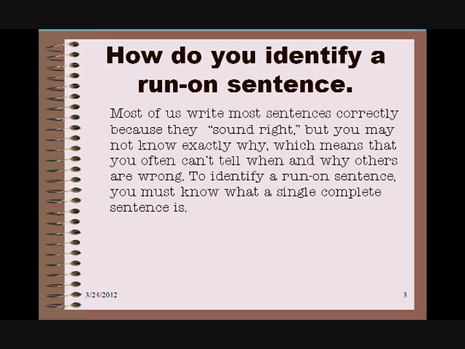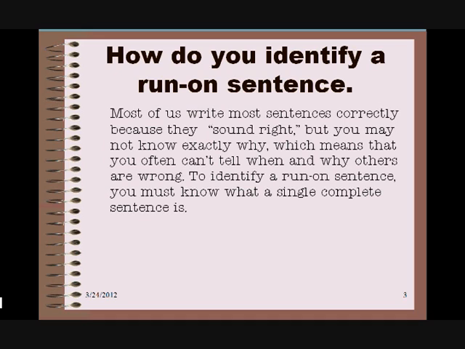So let's move on. How do you identify a run-on? Well, most of us, when we're writing, we write sentences correctly because they sound right, and we don't necessarily know why they're right. A lot of times we can catch errors just because they don't sound right, but if you don't know why something is correct, you're not really going to know why it's not right either.